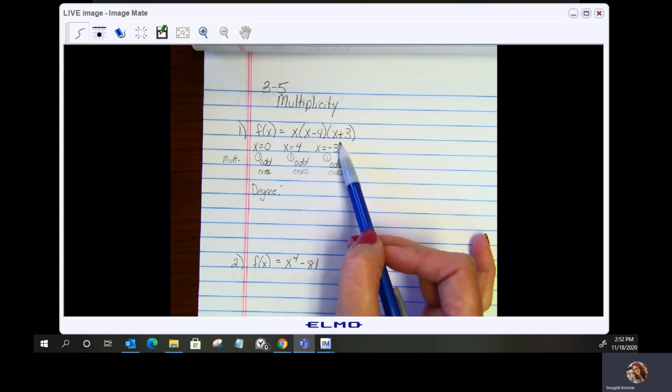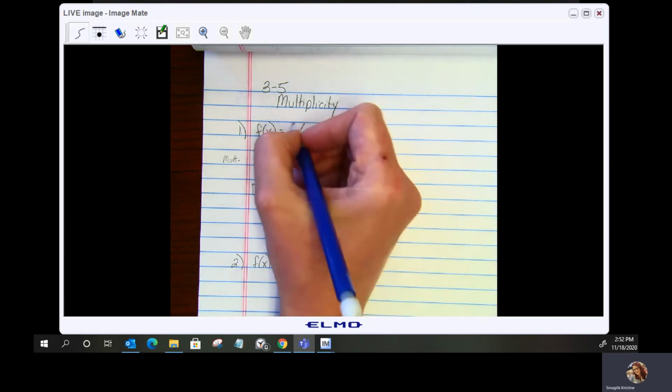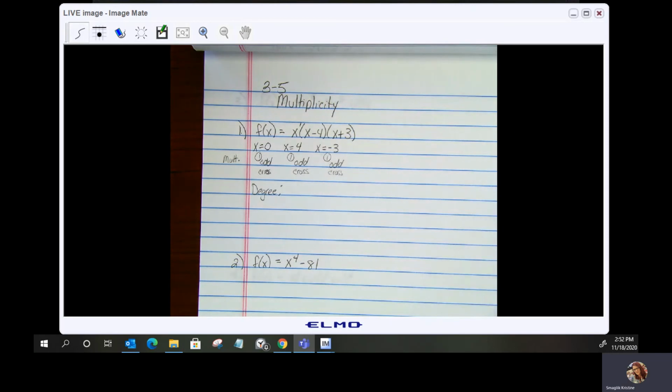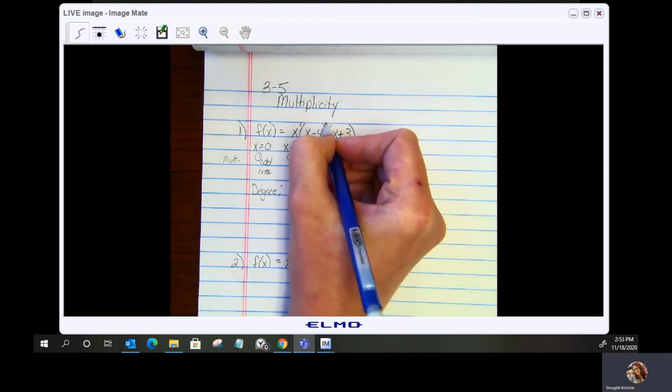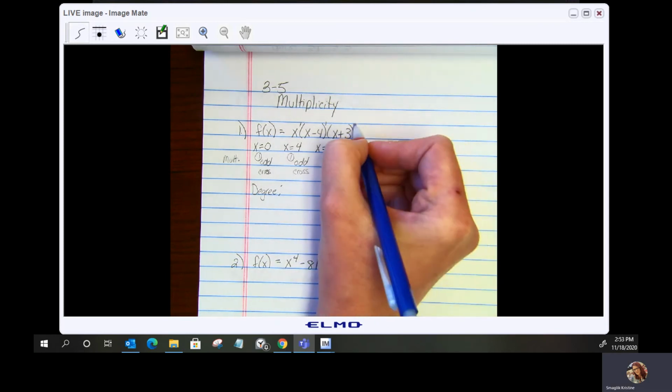We can think about our properties of exponents. This x has an exponent of 1. X minus 4 has an exponent of 1. And x plus 3 has an exponent of 1.